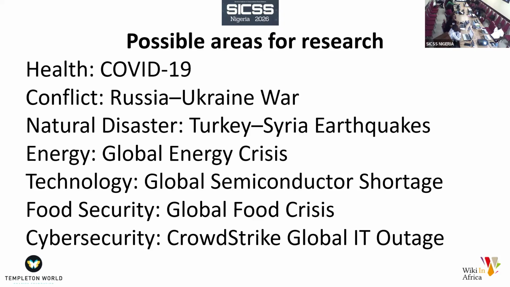But the idea is for us to start, and when we go back to our respective locations, we continue until we get to that final point of having a research paper. Like Mrs. Juliet said, there are grants. When we are ready for publication, we can say, okay, we are ready now. This is the work, and then we apply for the grant and the money is released, and then we publish. Our names are out there. So please, that's the essence of this.